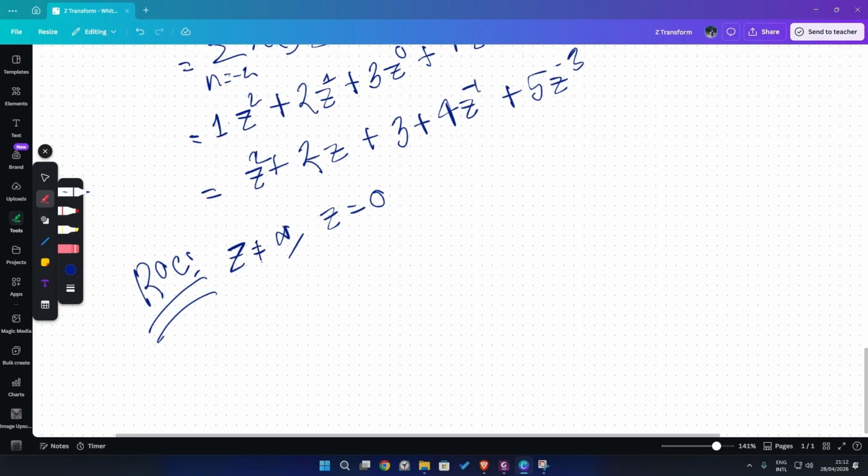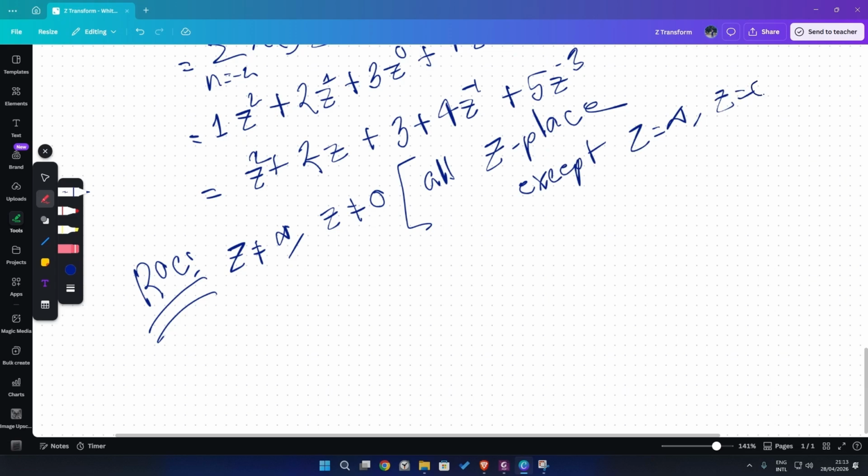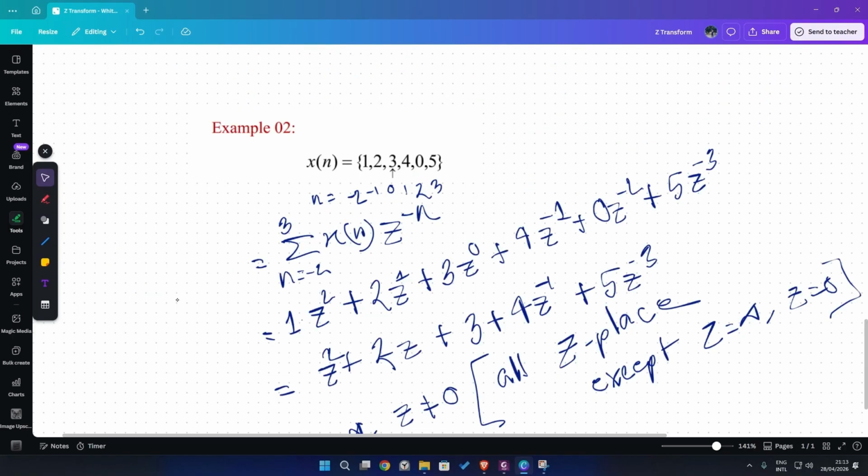So z cannot be equal to infinity and z cannot be equal to 0. Except these two, all the z plane is valid here. So the answer will be all z plane except z equal to infinity, z equal to 0. This is the answer of ROC and this is the answer of the Z transformation.